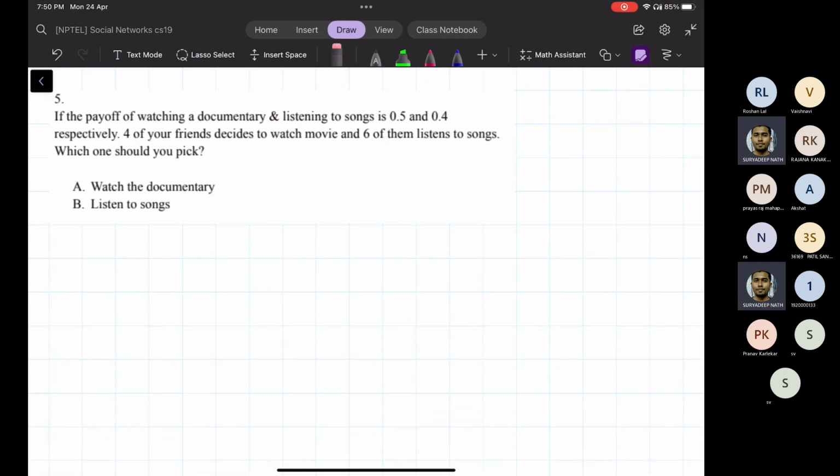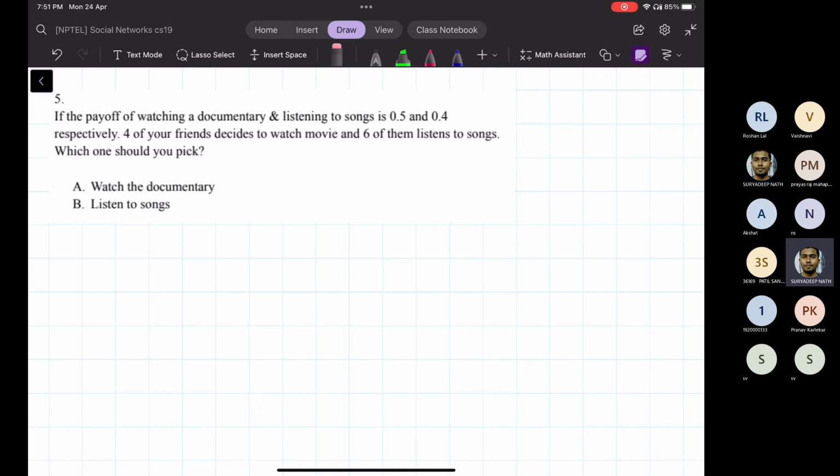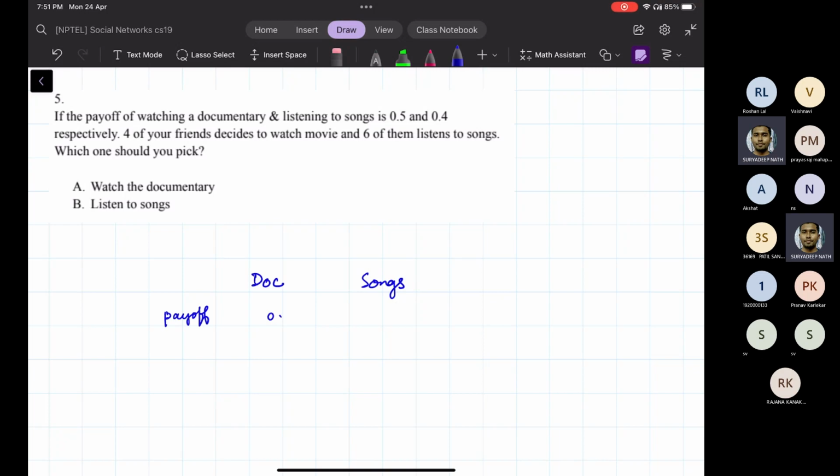If the payoff of watching documentary and listening to songs is 0.5 and 0.4, and four of your friends decide to watch the documentary and six to listen to songs, which one should you pick? You do it like this. You have documentary and songs, and you have this payoff, 0.5 and 0.4.